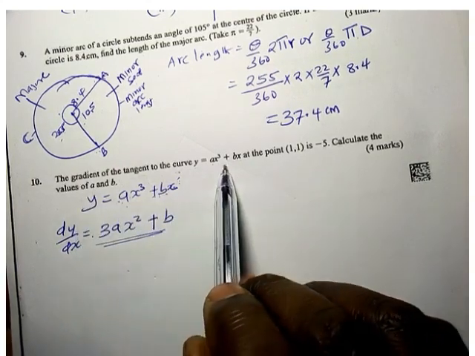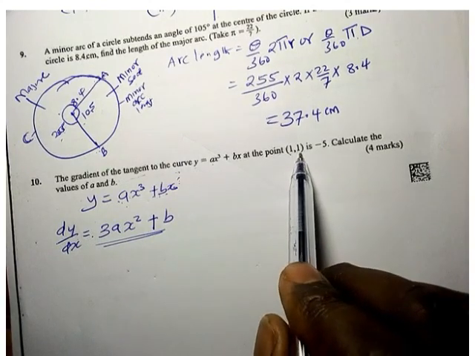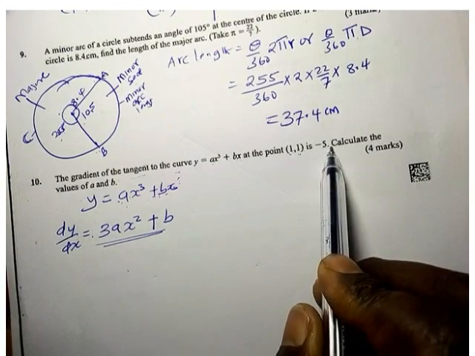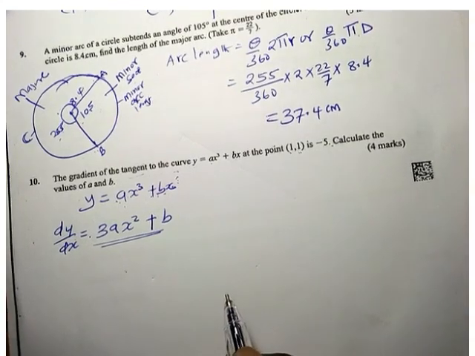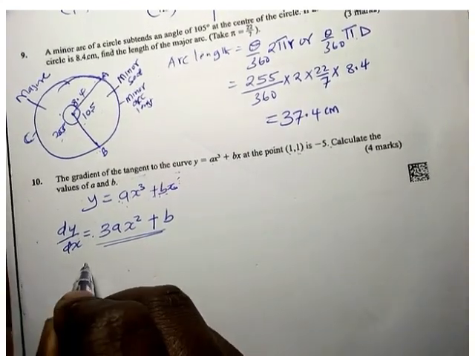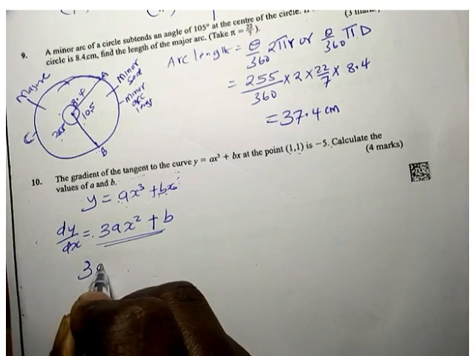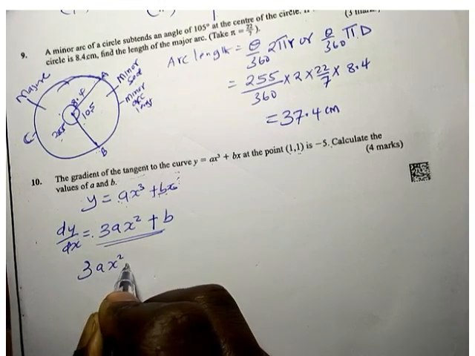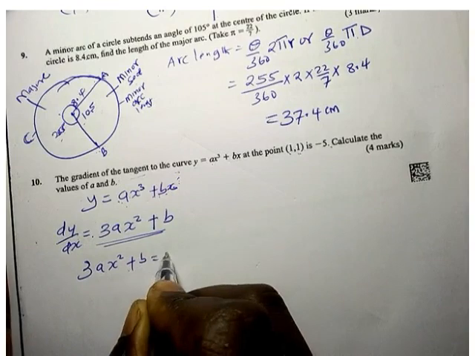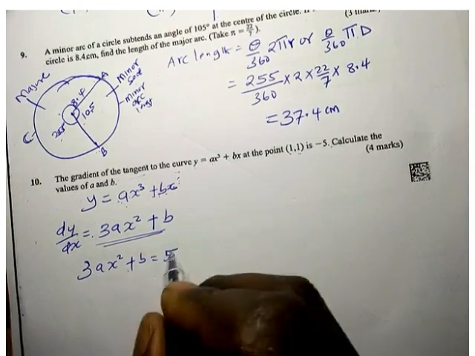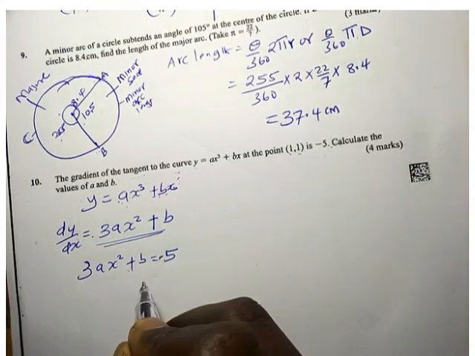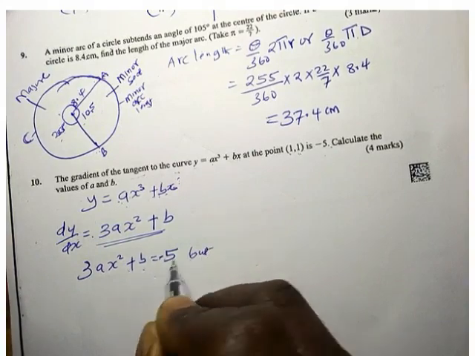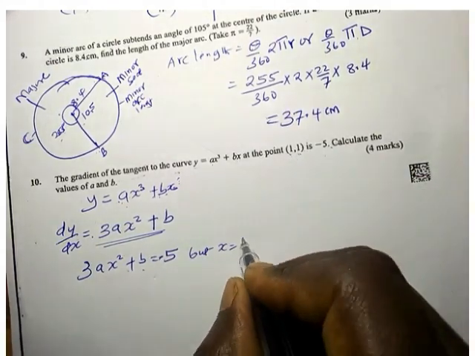The gradient function at this point, when x is 1, y is 1, is negative 5, right? So it means that 3a x squared plus b, the answer is negative 5. But at this point, x is equal to 1, right?